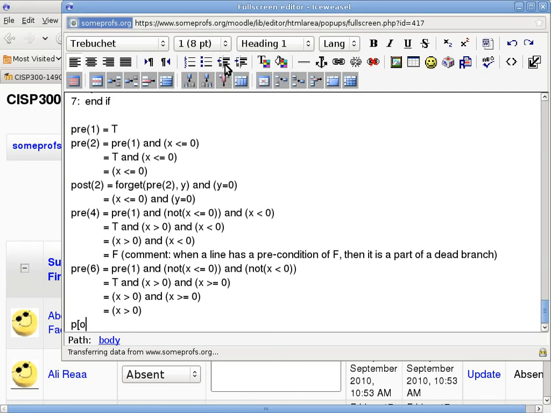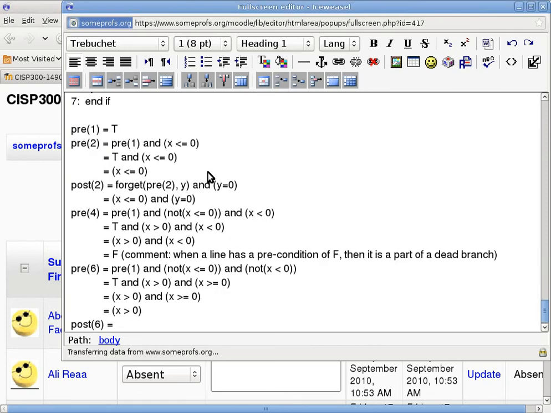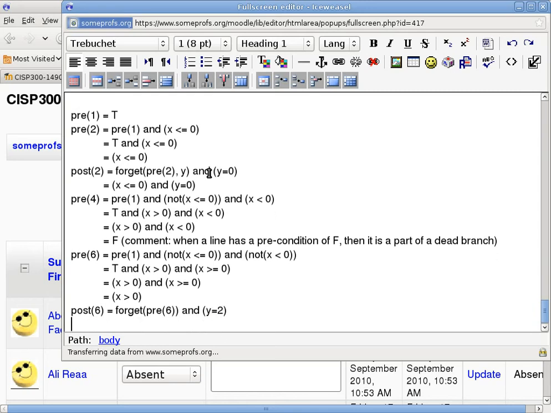So just for completeness' sake, we will figure out what post 6 is. Post 6 is going to be based on the forget rule again, because the right-hand side does not refer to the left-hand side. So we say it is based on the forget operation of pre-6. And after that, we know y equals 2. So if you just work this out by expanding pre-6, pre-6 is simply to say that x is greater than 0.